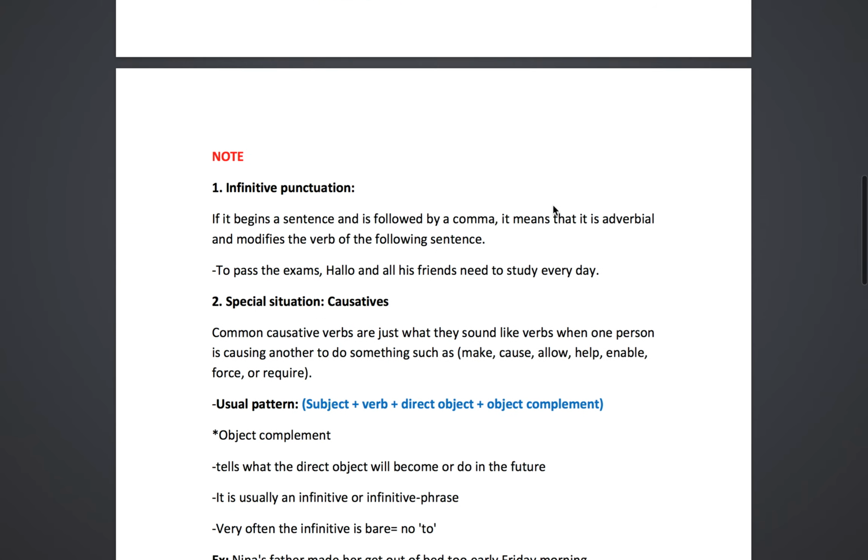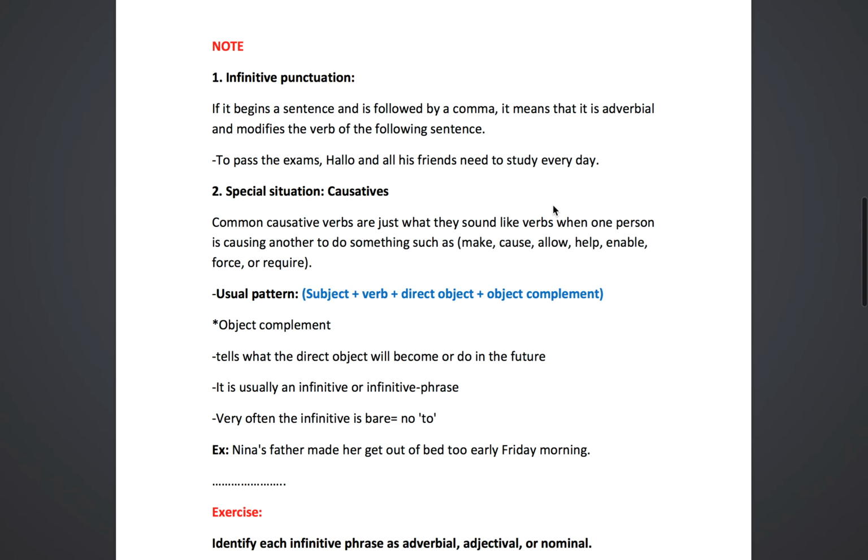And that's it. As usual, we have some notes for you. Infinitive punctuation. And this is another clue to determine if it's adverbial or adjectival or anything in a sentence. If it begins a sentence and is followed by a comma, it means that it's an adverbial and modifies the verb of the following sentence. Okay?